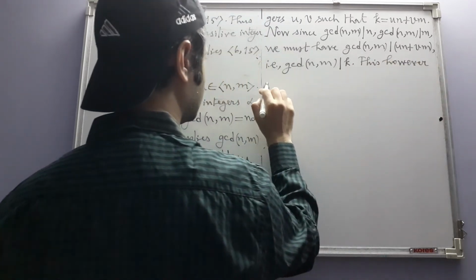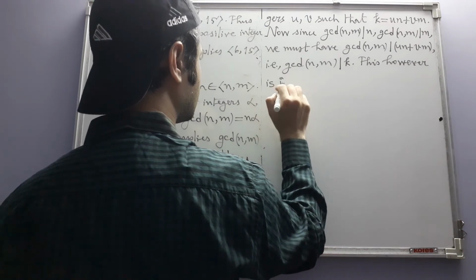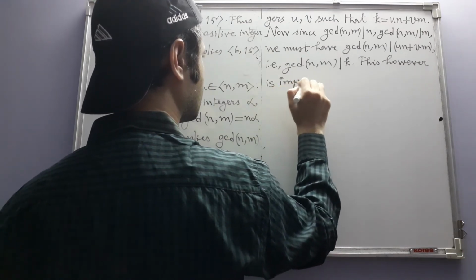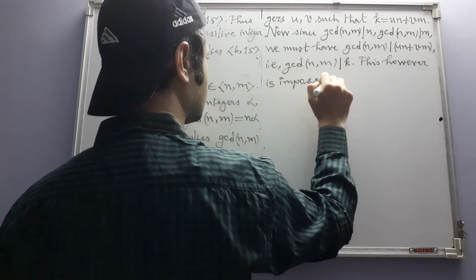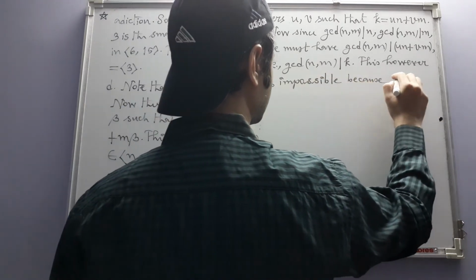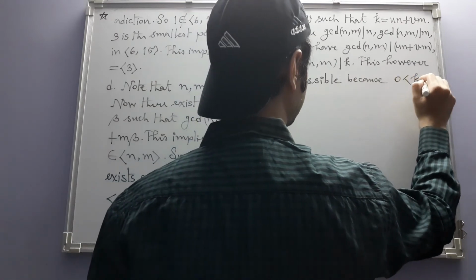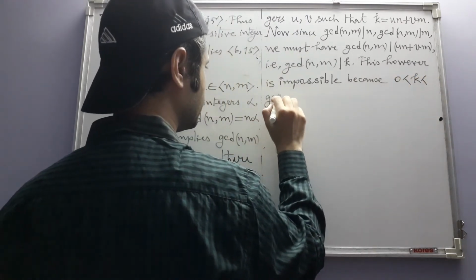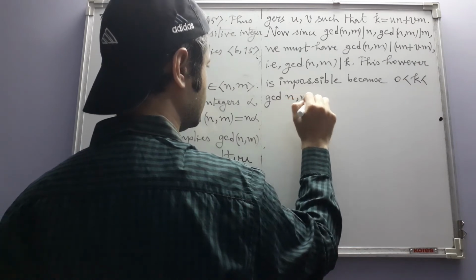This, however, is impossible because k is a positive integer strictly less than the GCD. So how can it divide k?